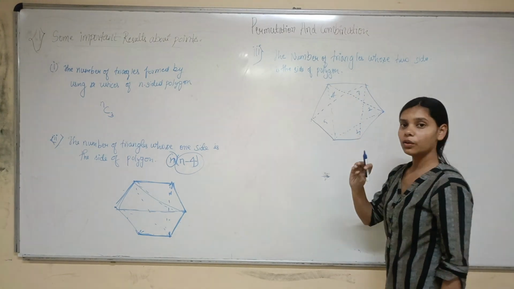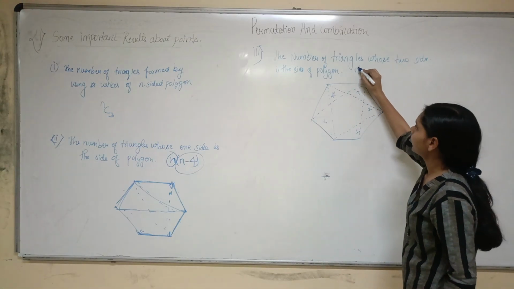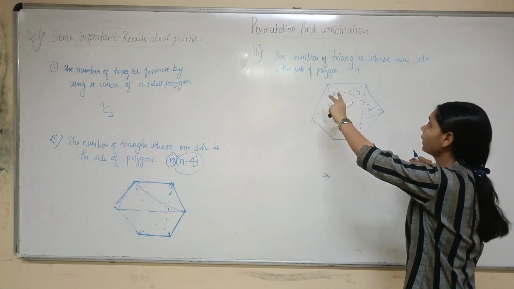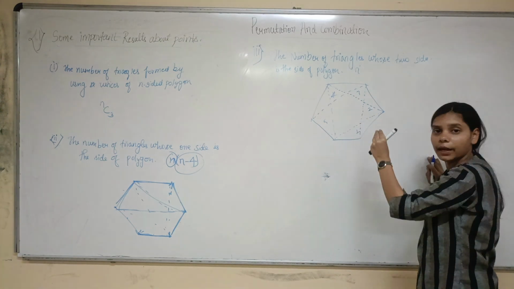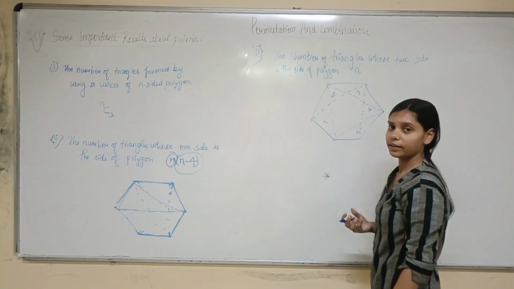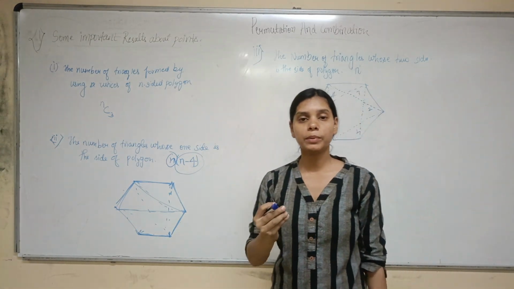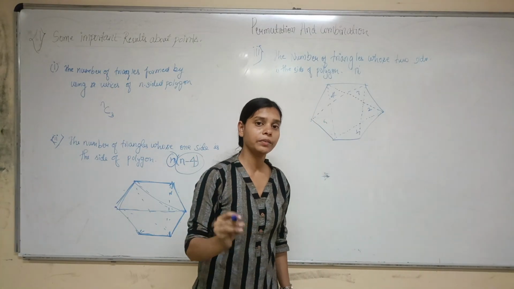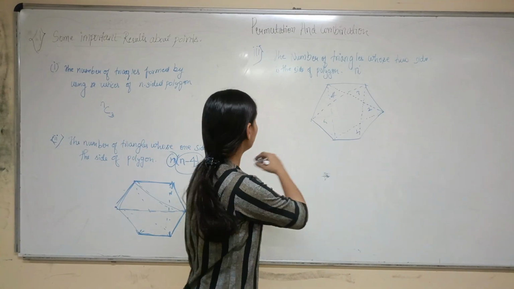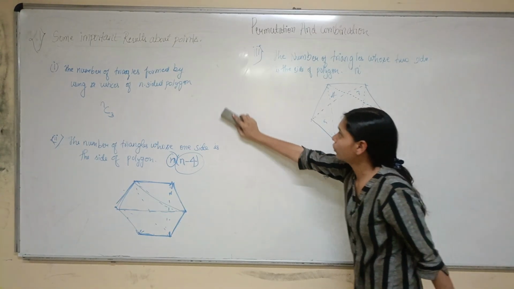Okay, so we got 6 triangles, right? So for n points, you can directly say the number of triangles whose two sides are the sides of the polygon, n will be the desired result. Okay, so you can directly use the given results in your examination and you will get the desired result within 2 seconds, right?